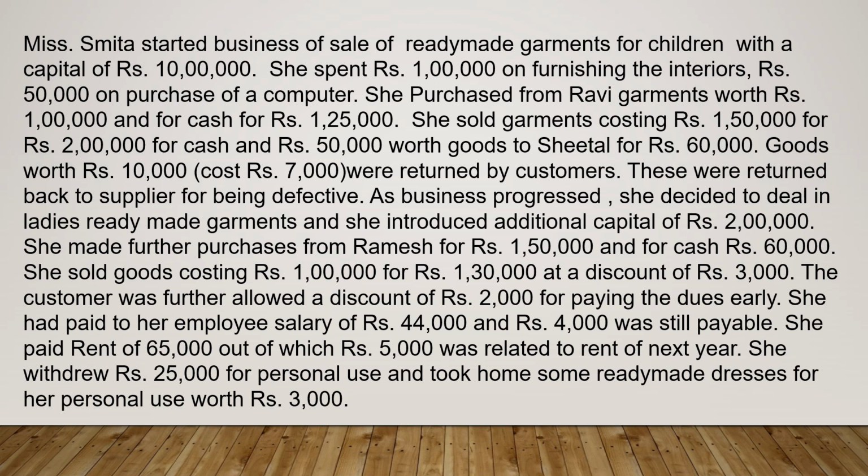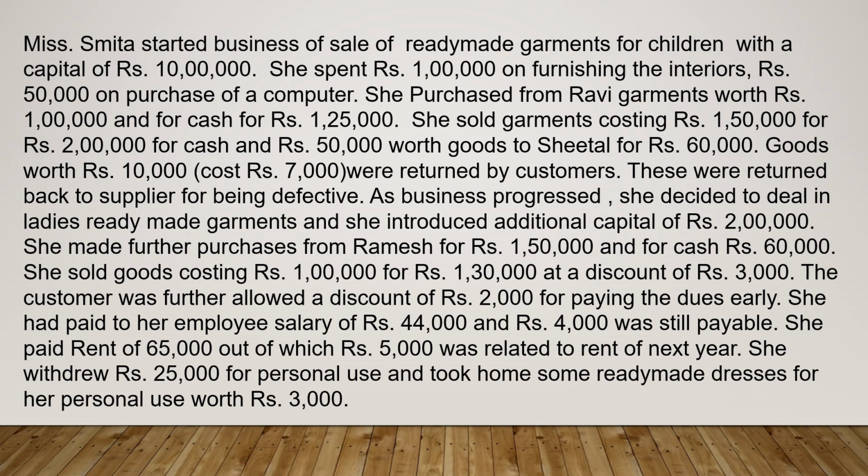First, let us go through the example once. Miss Smita started business of sale of ready-made garments for children with a capital of rupees 10 lakh. She spent rupees 1 lakh on furnishing the interiors, rupees 50,000 on purchase of a computer. She purchased from Ravi Garments worth rupees 1 lakh and for cash for rupees 1,25,000.